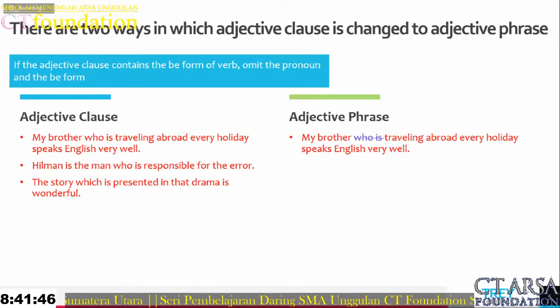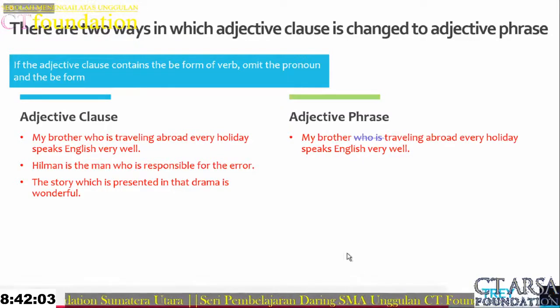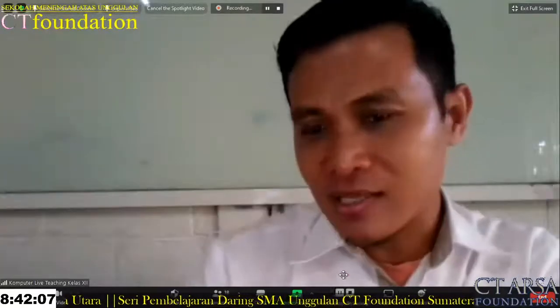The meaning is the same. If you were translating into Bahasa Indonesia, the adjective clause, my brother who is traveling abroad every holiday speaks English very well: Saudara saya yang bepergian keluar negeri setiap liburan, dia bisa ngomong bahasa Inggris sangat bagus, sangat lancar. And the adjective phrase is similar.